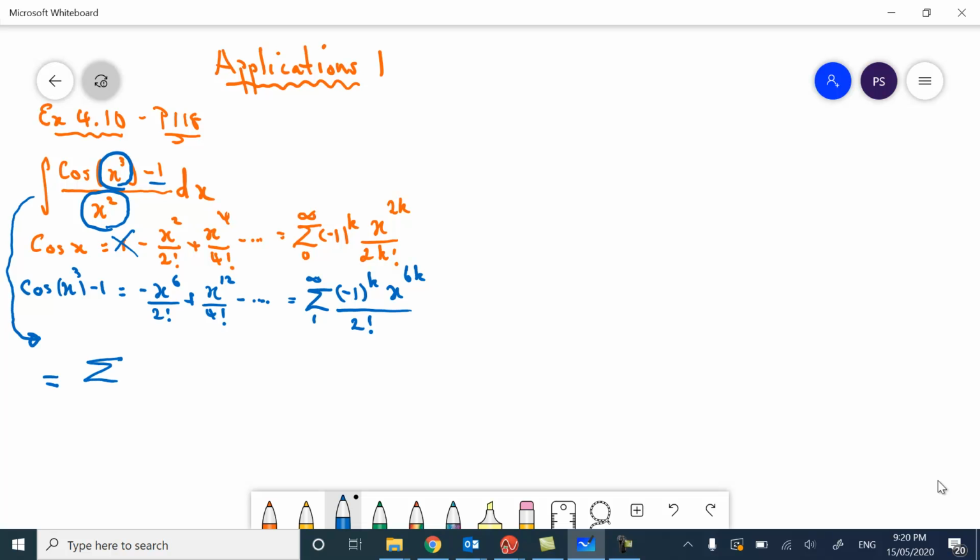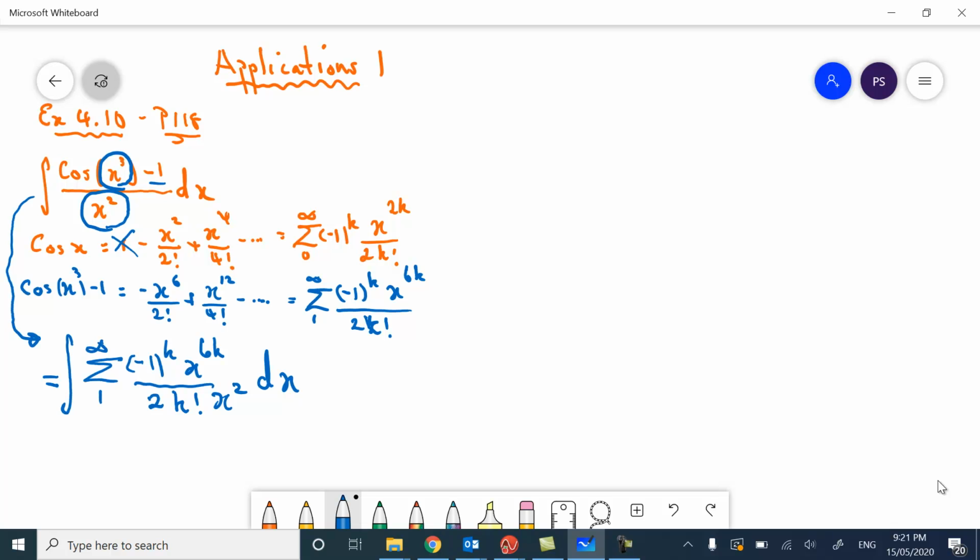So I've got the sum from 1 to infinity of minus 1 to the power of k, x to the 6k on 2k factorial, and then I've got to divide that by x squared. So there's my x squared there, dividing by x squared, and I've got to find this integral dx.